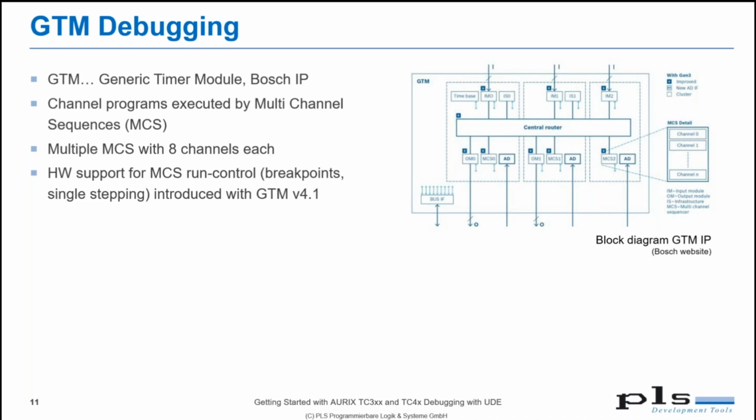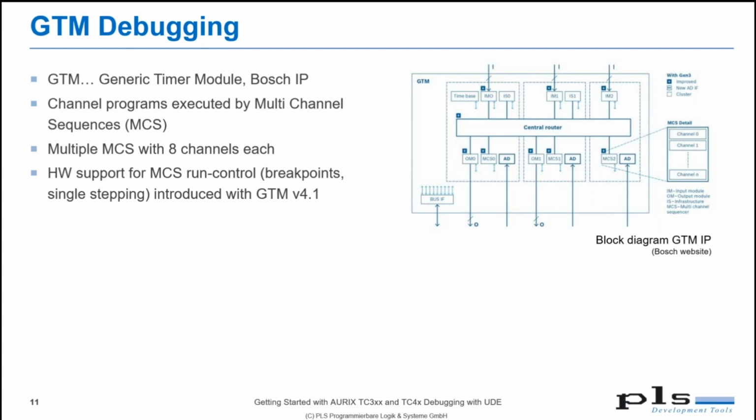The GTM is already present in TC2 and TC3, but with the TC4 we have some new features related to debugging. The GTM itself is a generic timer module, a Bosch IP that was designed to support timer applications.